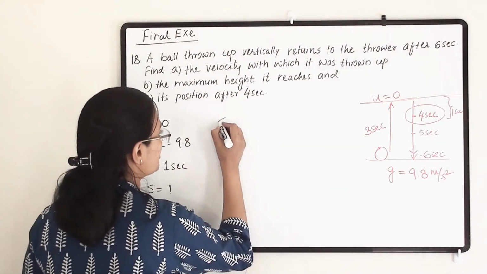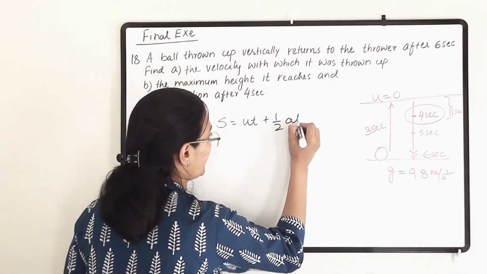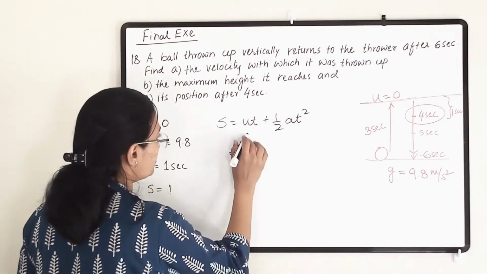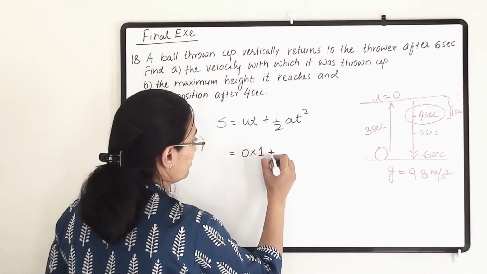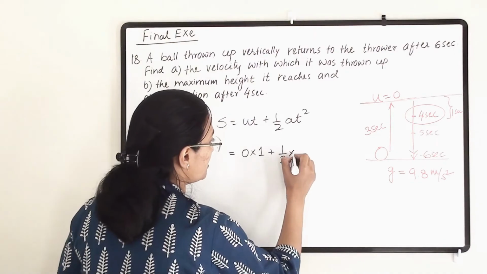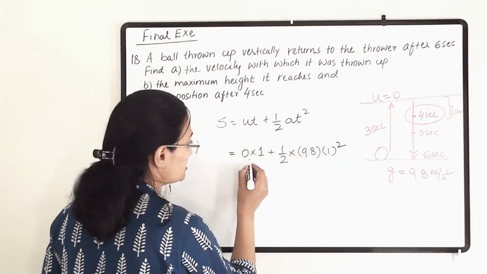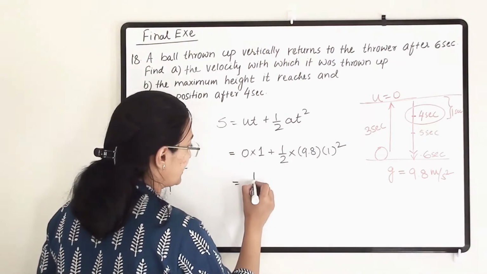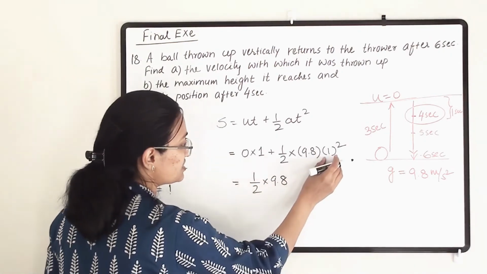So our equation is s equals ut plus 1/2 at square. Now u is 0, so 0 into time 1, plus 1/2 into 9.8 into 1 squared. So this term is going to be 0. We will get half into 9.8, and this is going to be 1.